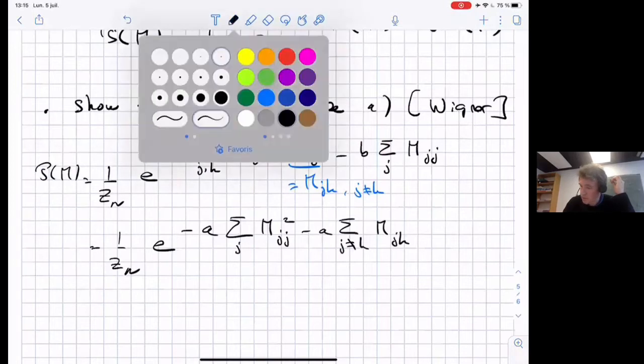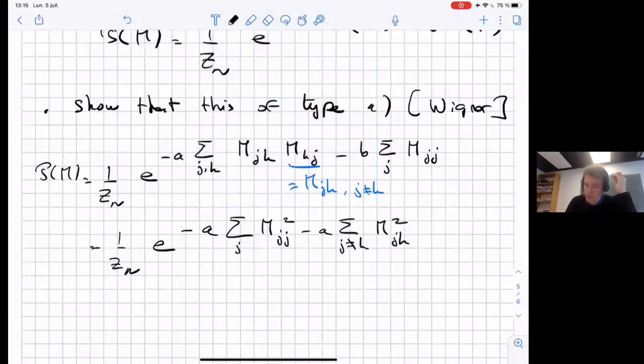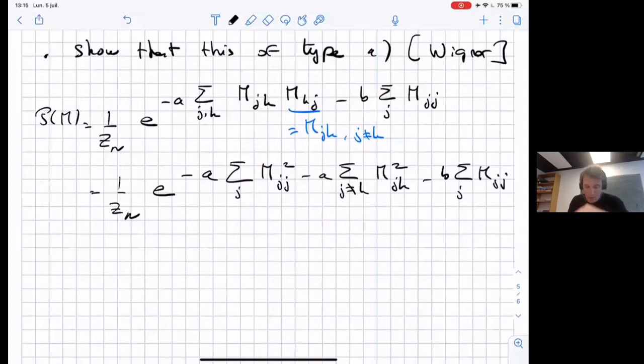Okay, so that means simply that here I will get a squared. And then I have a simple term here, which is minus b sum over j of M_jj. Now if you gather all the terms, what you easily see is that this has almost the Wigner form.